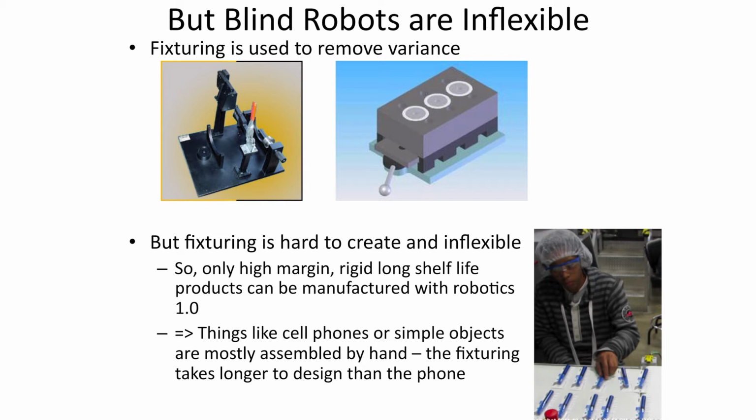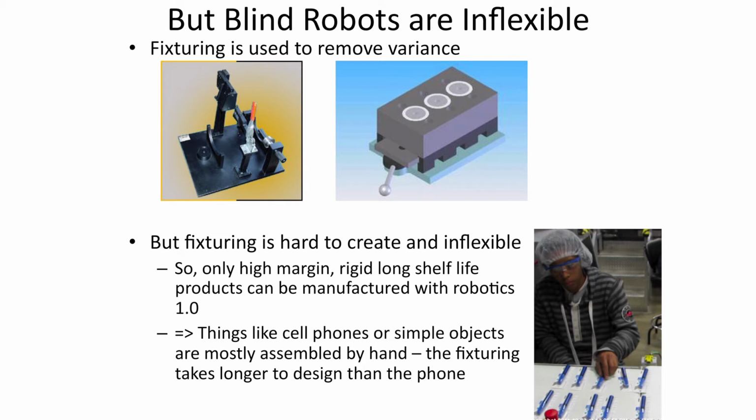And it tends to go to places where it's high margin, long shelf life, and rigid, and that's cars. Right, and iPhones could be assembled completely robotically, but it takes so long to fixture and organize this that you're on to the next phone by the time you get it solved. It can be about 14 months to set up the robot line to get the whole thing working. Anyhow, this is how they do it, blind and dumb.